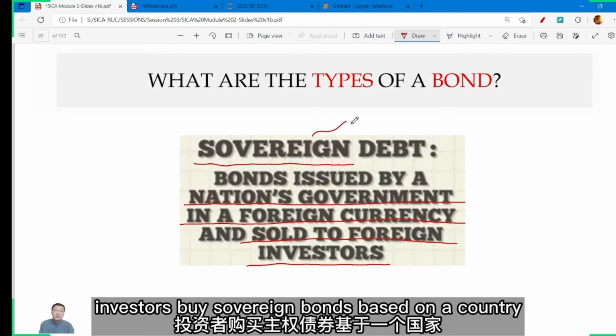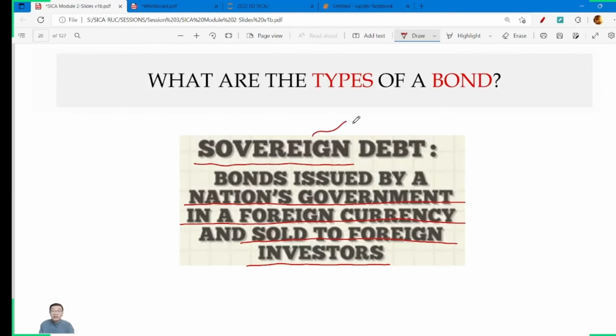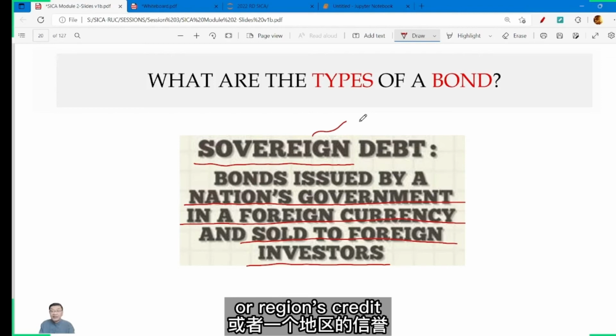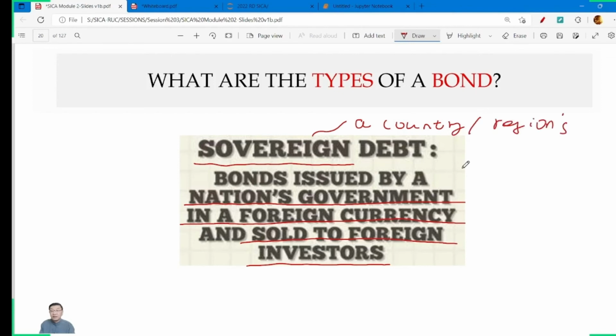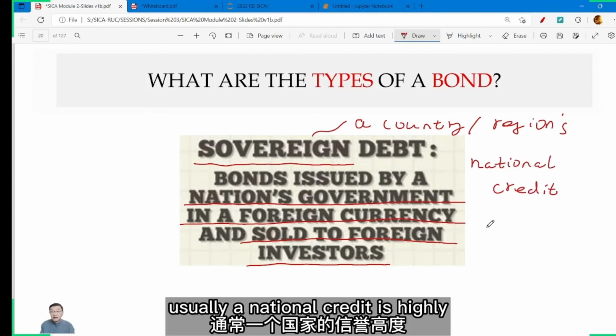Investors buy sovereign bonds based on a country or a region's national credit. Usually, a national credit is highly reliable.